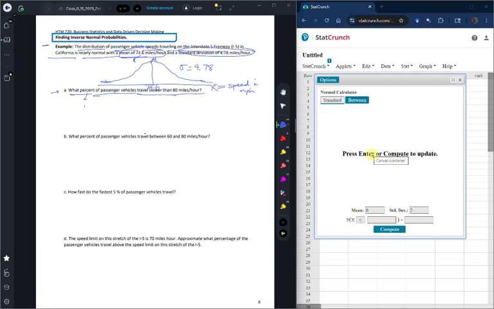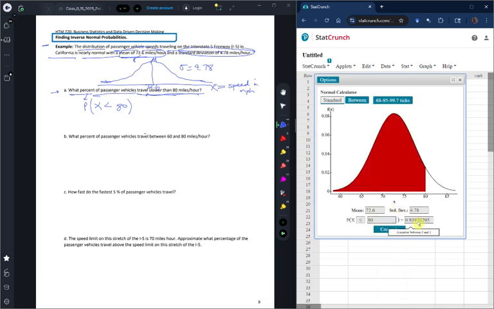I'm interested in the probability that x, the speed, is less than 80 miles per hour. My mean is 72.6 and my standard deviation is 4.78, and I'm interested in less than 80, and compute. So I have 0.9392.